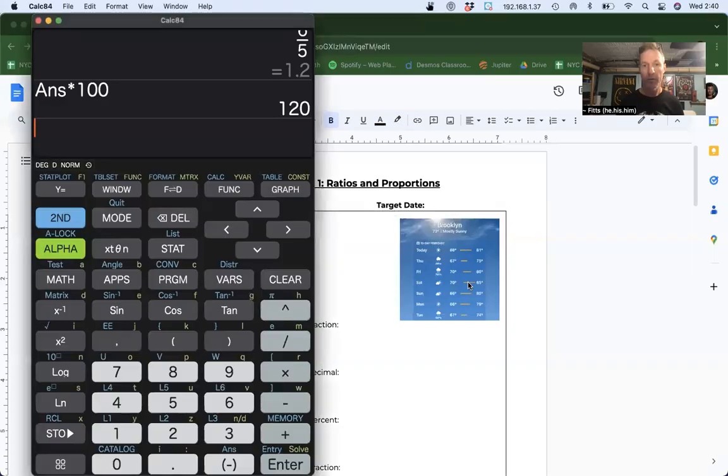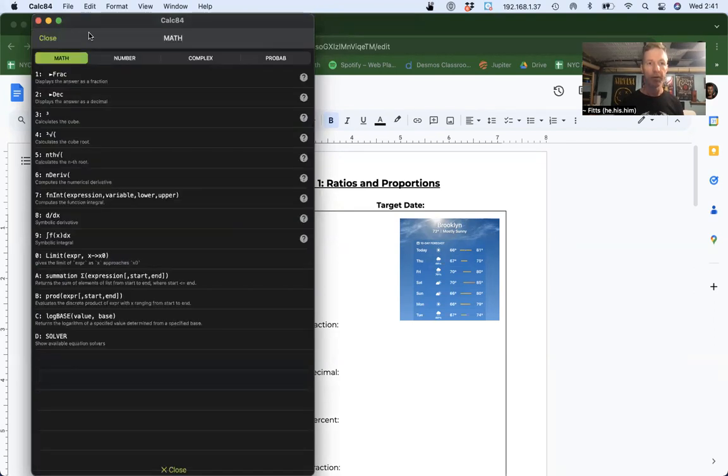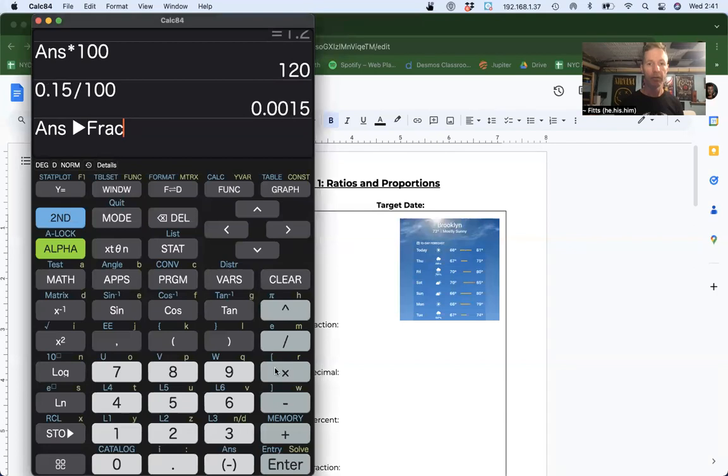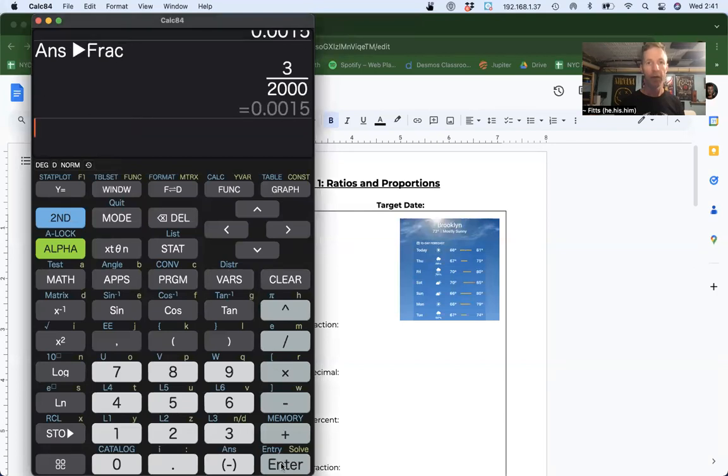So we can go ahead and do that in our graphing calculator as well. So it was 0.15 divided by 100. Enter. Simplify that. That's 3 over 2,000. There you go. Not bad.